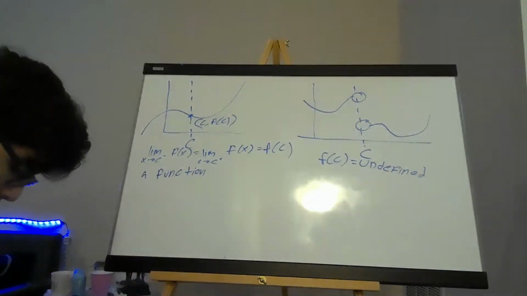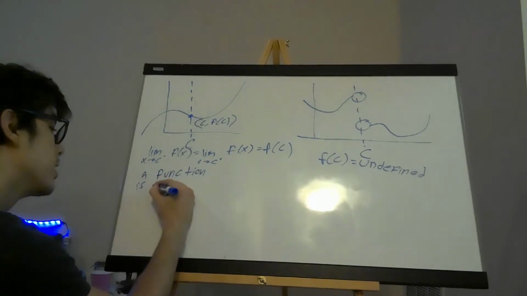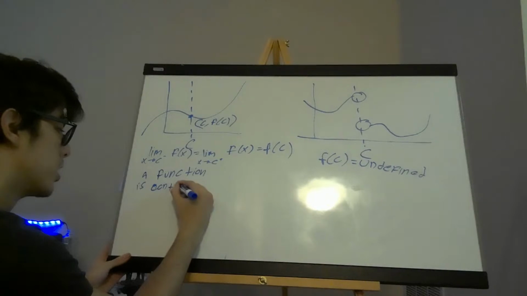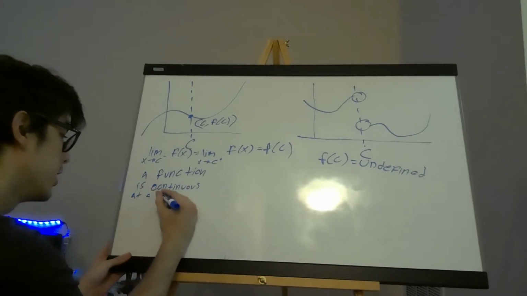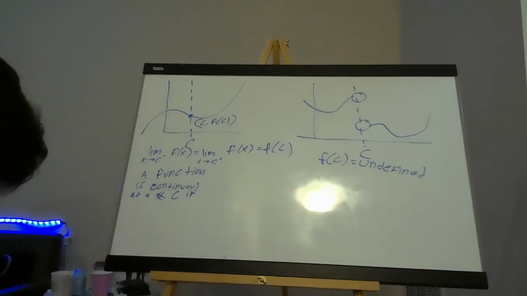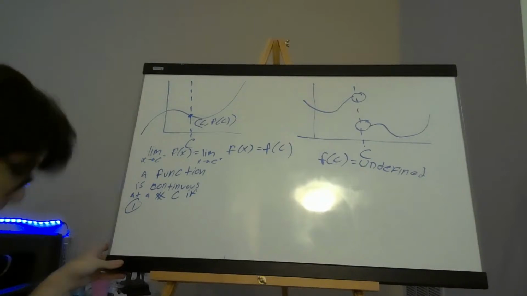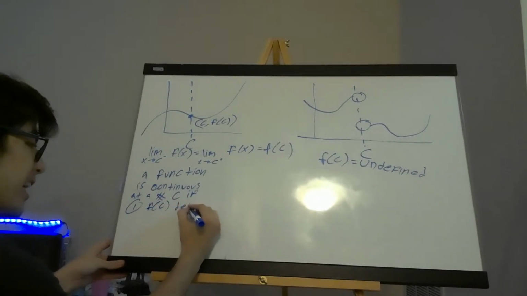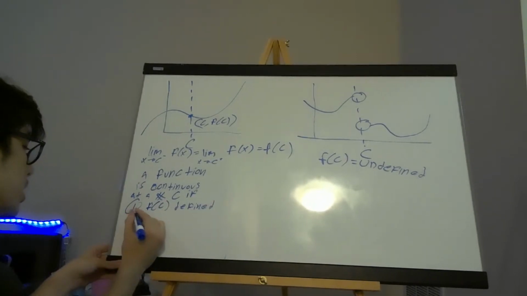A function is continuous at a number c if rule number 1, f of c is defined. This is your easiest rule to check, and it should be the first one you check, which is why it's rule number 1.